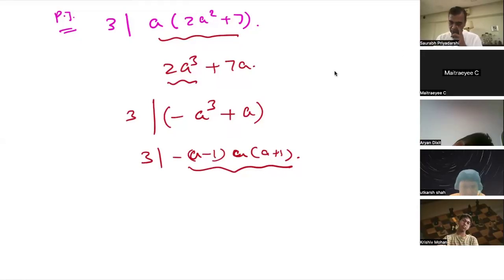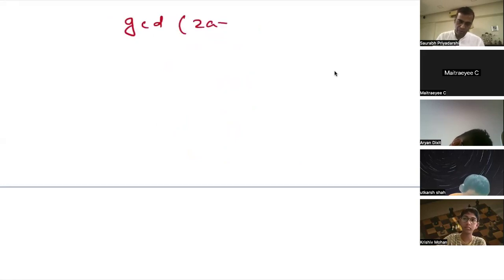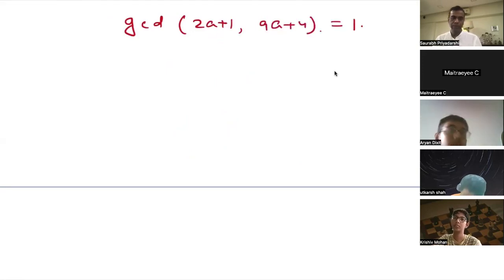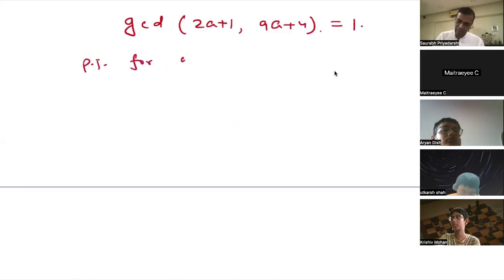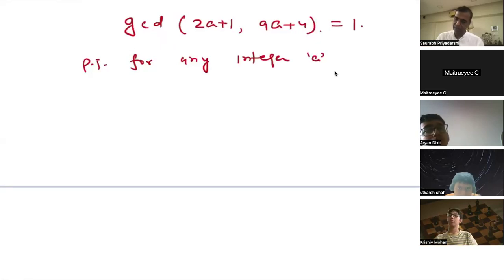See, now if I'm giving this, right? The GCD of, you all know the meaning of GCD, na, is 1. Prove this for any integer a.